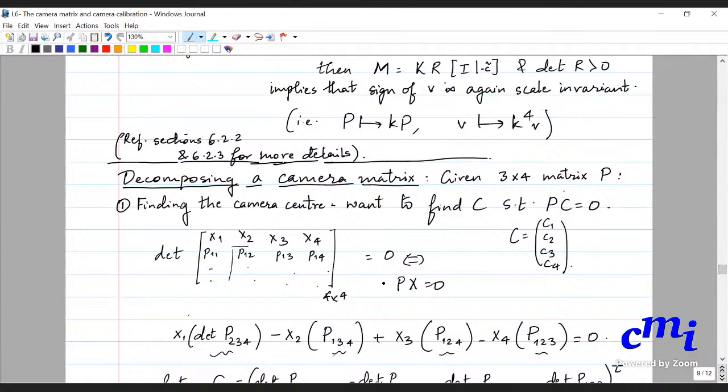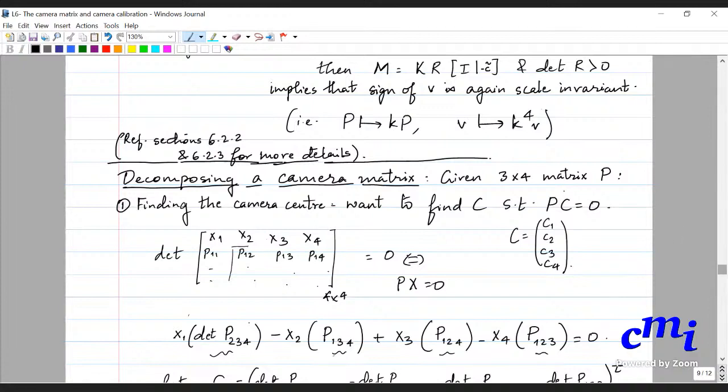And so we can make a particular choice that satisfies this equation. What I'm writing here is the determinant of this matrix: x1 times the determinant of this 3 by 3 matrix, minus x2 times the determinant of the first, third, and fourth columns of P, and so on. This equation is 0.